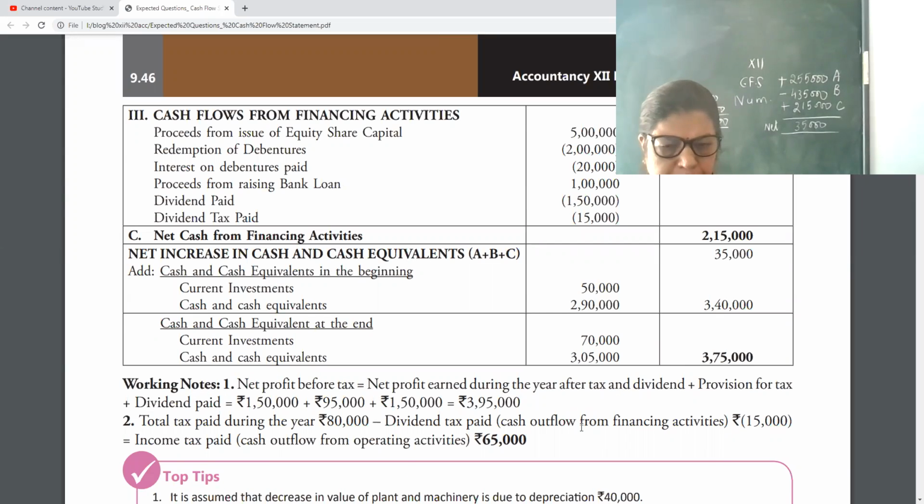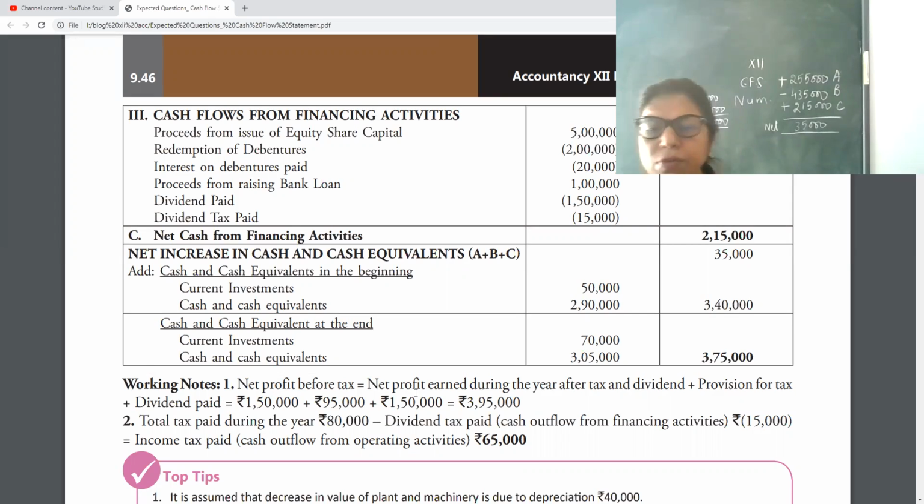Now next, how to calculate NPBT. As I told you, I'll tell you at the end in the working note. Net profit before tax, NPBT: net profit earned during the year plus provision for tax plus dividend paid.